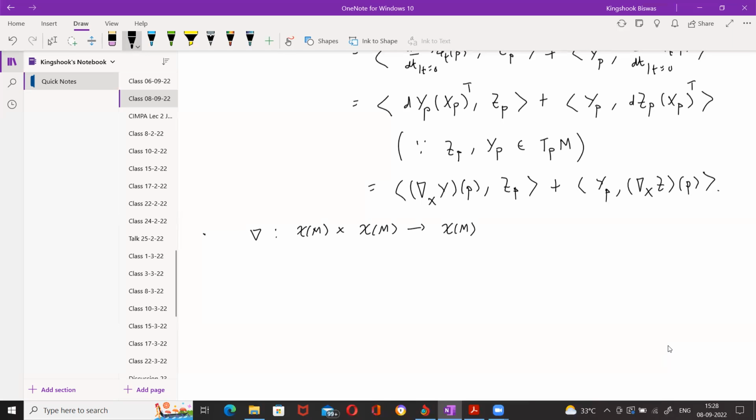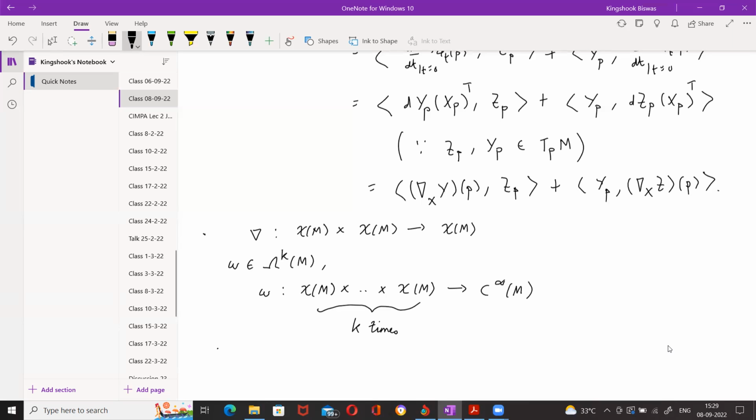Now, if I take a form omega, let's say a K-form, this will define for me a map from chi-M cross ... chi-M, k times, to C infinity M, right?